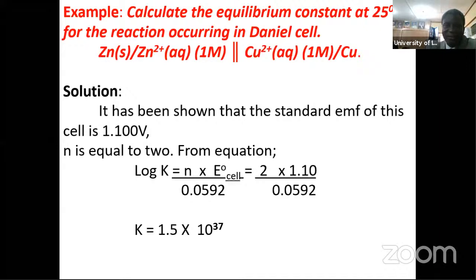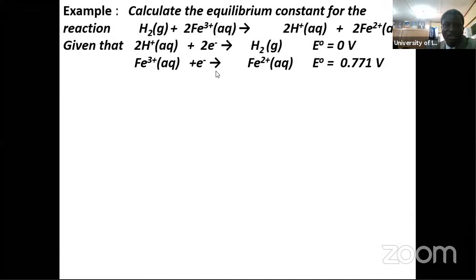Let's look at another example. This is the calculation of the equilibrium constant for this reaction. You have been given this reaction, and the E naught for each of the half cell reactions has been given here. Hydrogen ion going to hydrogen is 0. Iron 3 going to iron 2 is equal to 0.771.